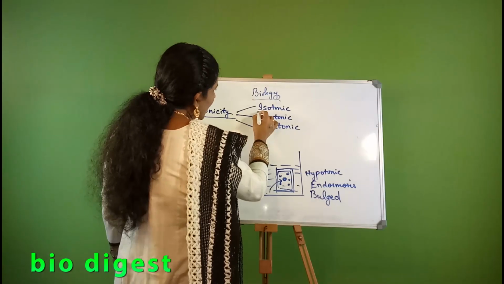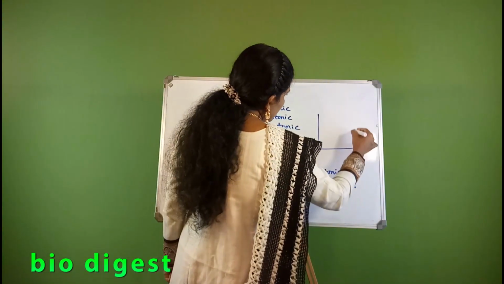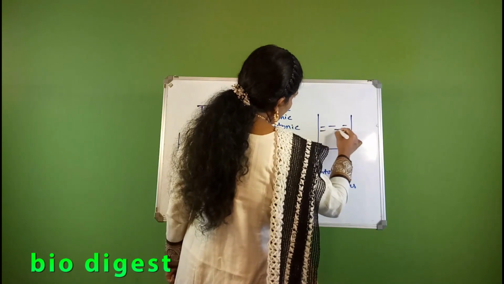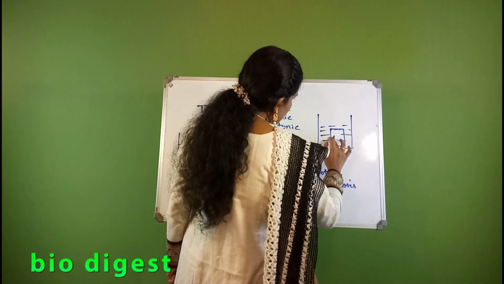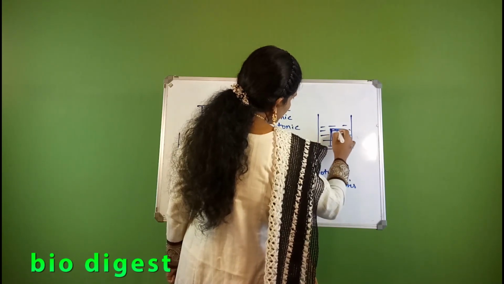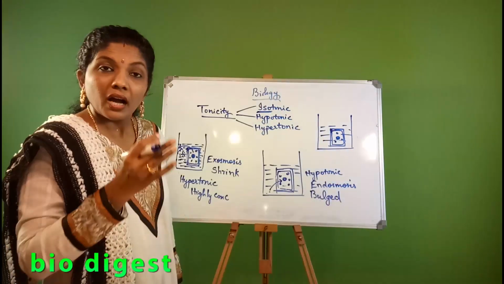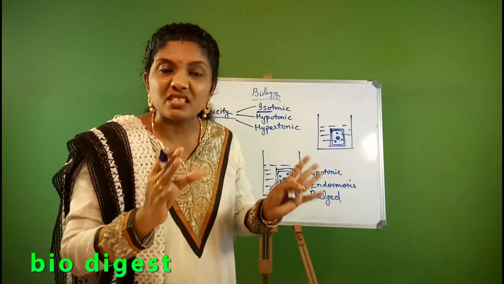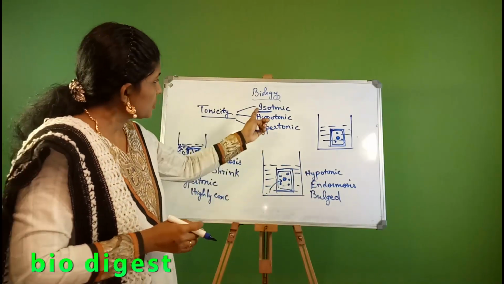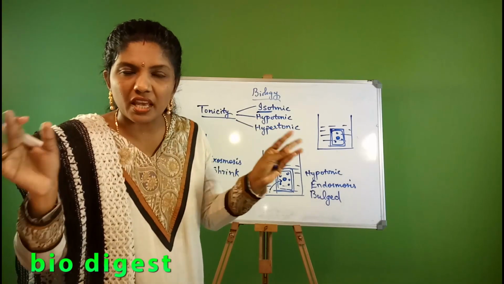Then what is iso? Iso means same. In this beaker we have a solution and a plant cell is placed in it. What will happen? Outside and inside, the solute concentration will be the same. That is what is known as isotonic. Iso means equal or same.